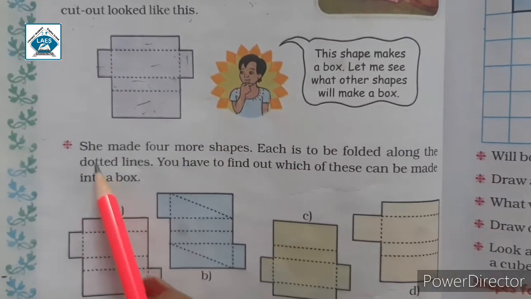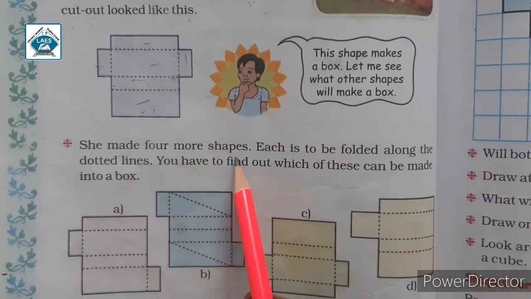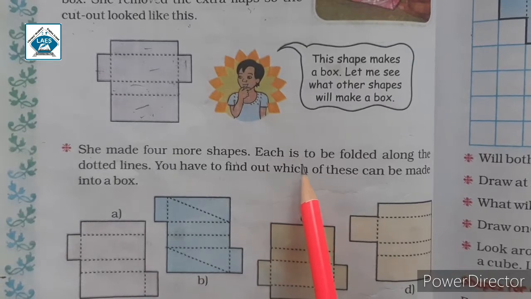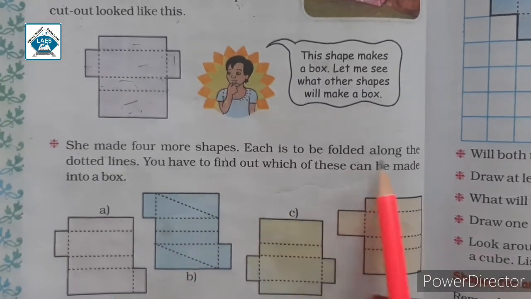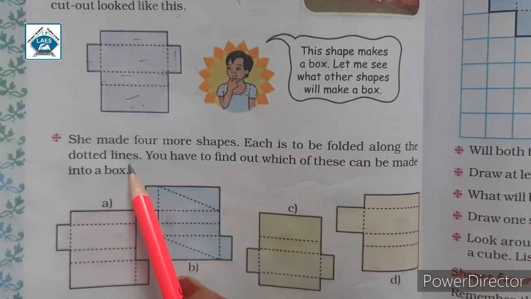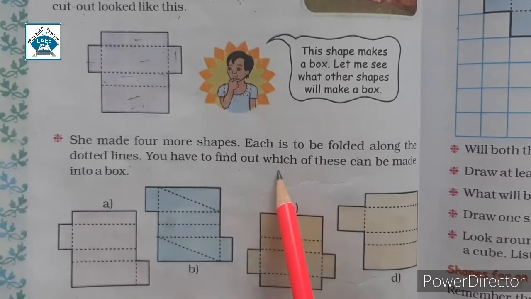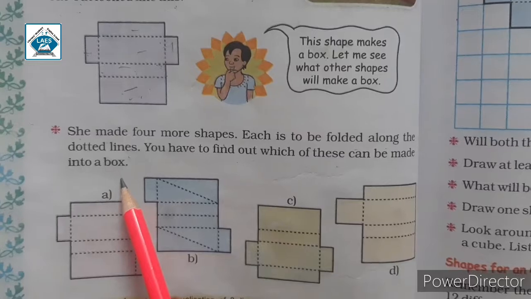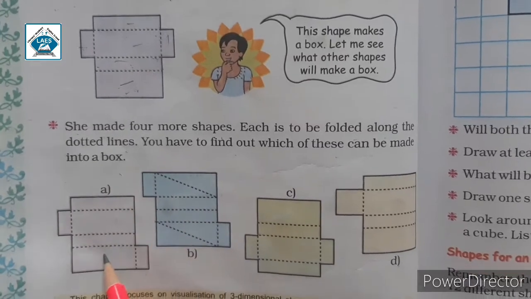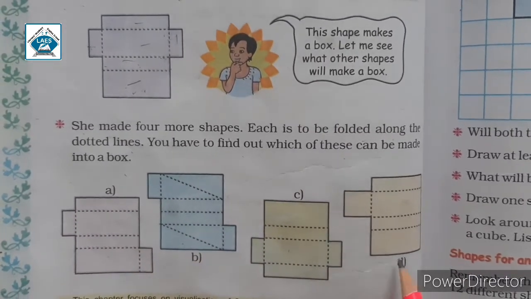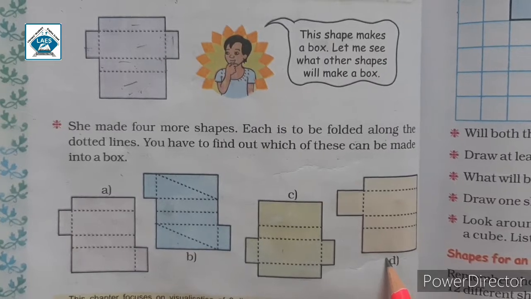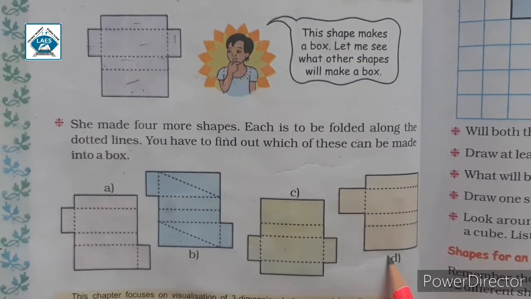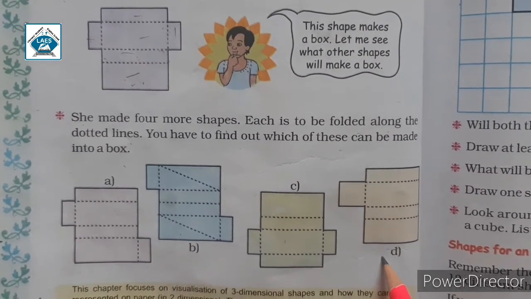And now she made 4 more shapes. Each is to be folded along the dotted lines. You have to find out which of these can be made into a box: A, B, C and D. Here we have 4 cutouts of paper.